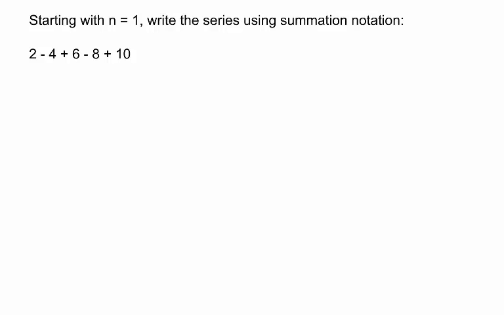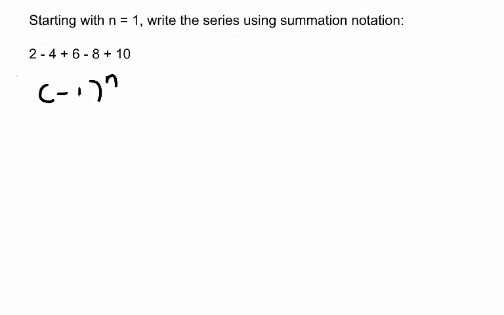In this series, we can see that each subsequent digit is double the one before and is of the opposite sign. So we have 2 minus 4 plus 6 minus 8 and so on. So I might start out using negative 1 to the power of n. Now let's take a look at it.